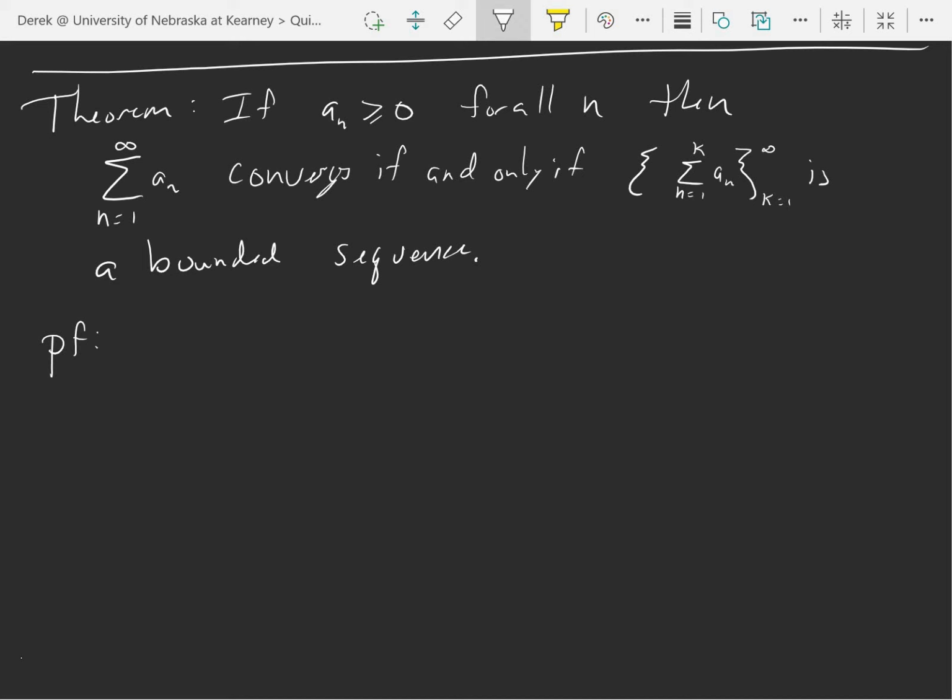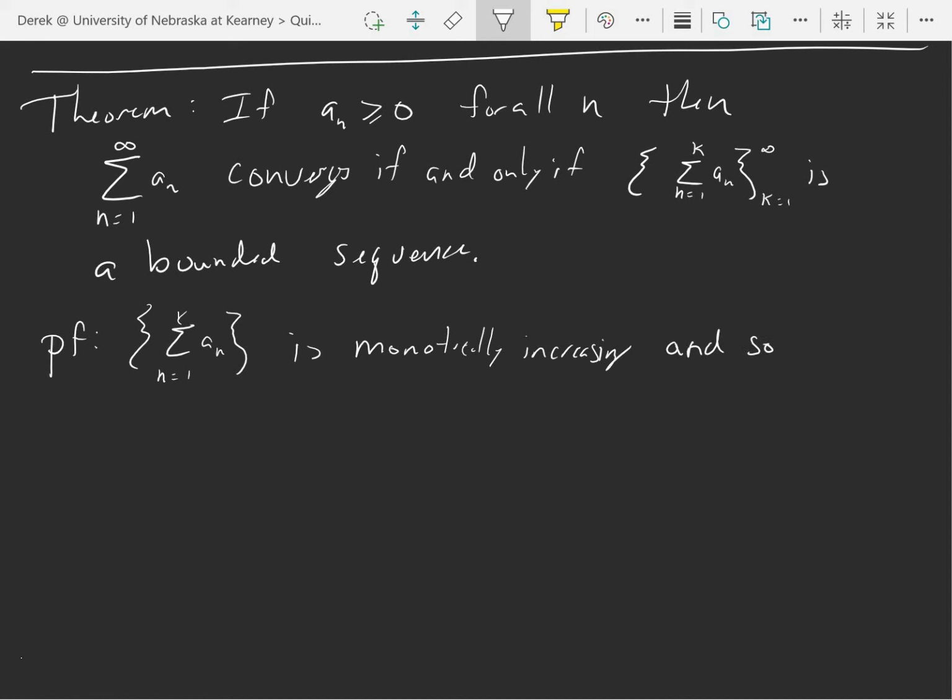So because a sub n is non-negative, the sum from n equals 1 to k of a sub n is monotonically increasing, and so converges if and only if it is bounded. And that's the entire theorem right there.